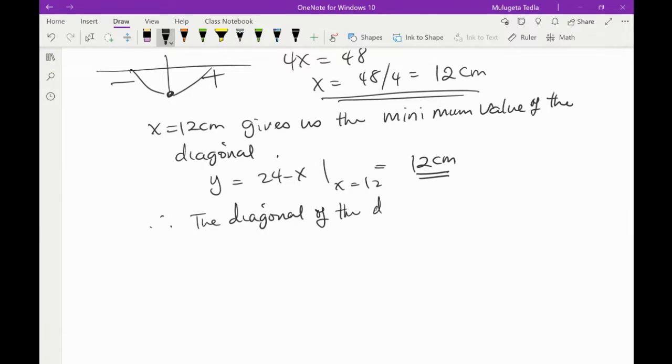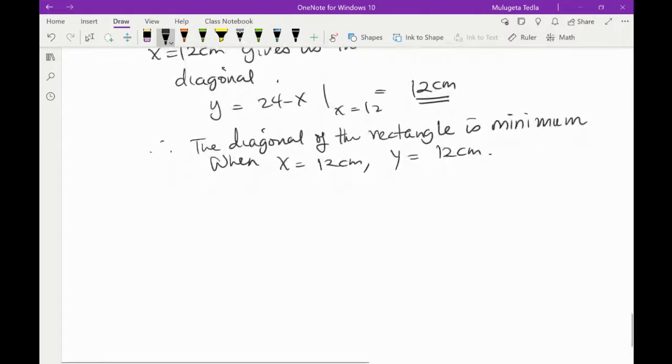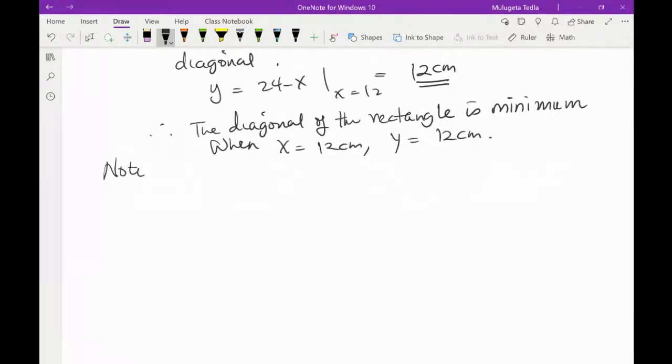So the diagonal of the rectangle is minimum when x equal to 12 centimeters and y equal to 12 centimeters. So I can make a note here for all rectangles: the diagonal of a rectangle is minimum when it's a square.